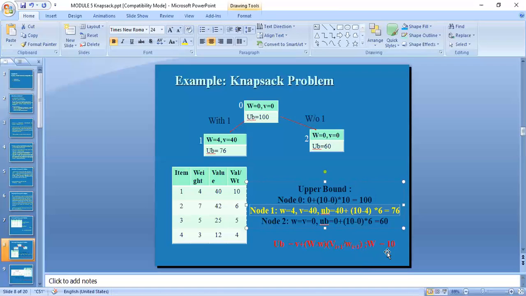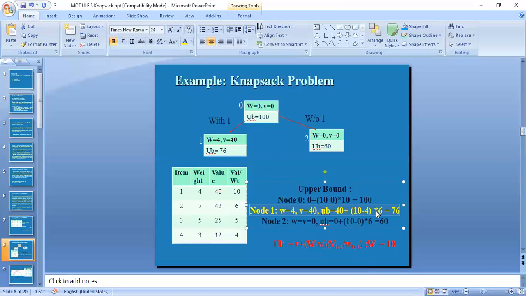Total capacity is 10 minus the current node's weight, which is 4. So 10 minus 4, that is the remaining capacity, into the ratio of the next item. Now we are in the first item, with item 1. So we see i plus 1, which is equal to 2.